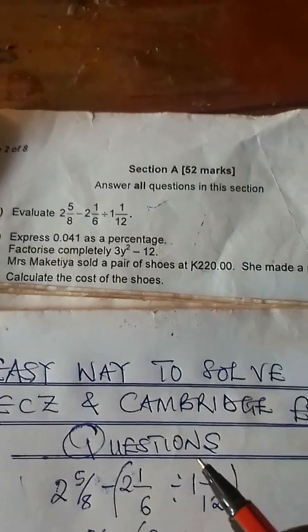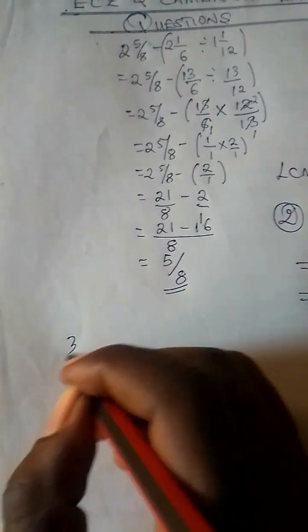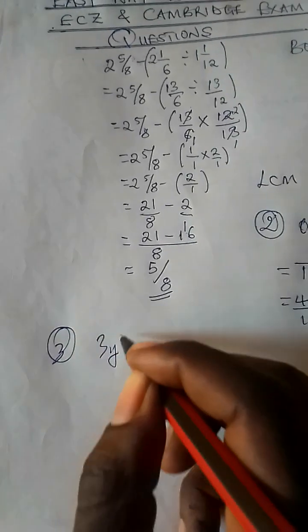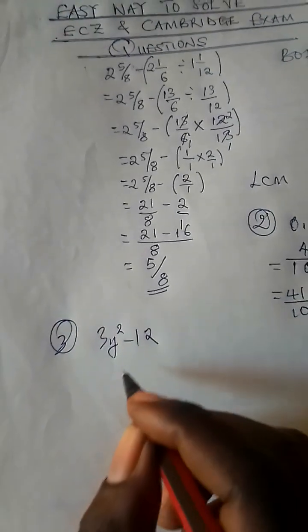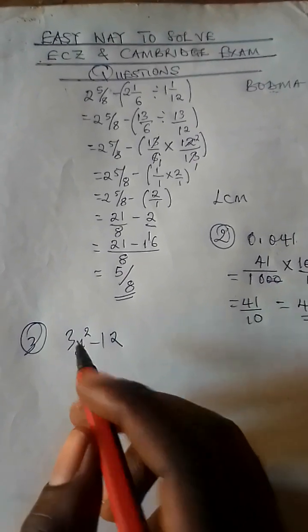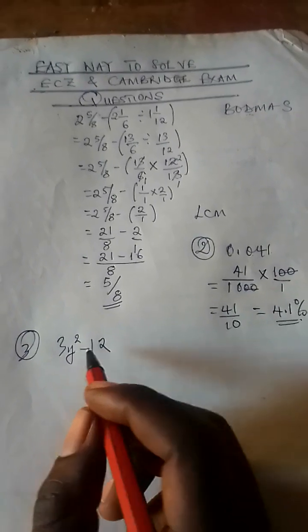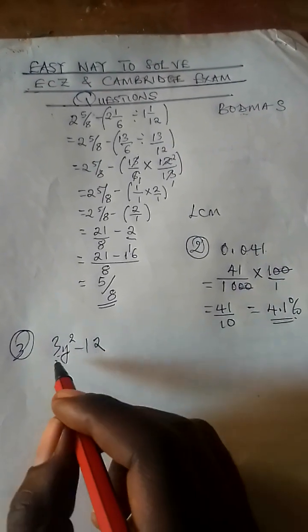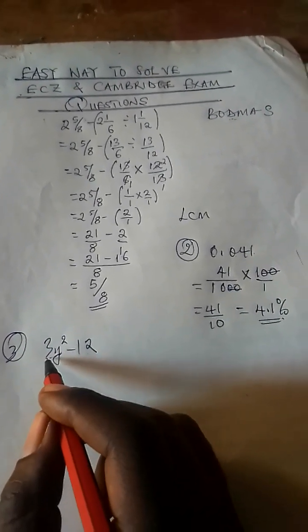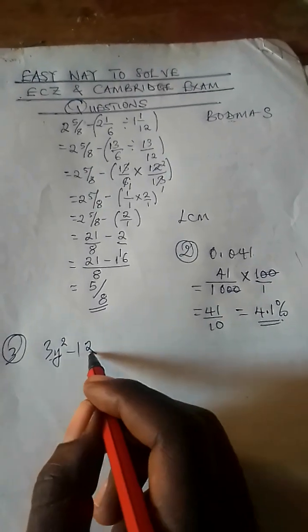And the next question is factorize completely 3y squared minus 12. So we are factorizing completely 3y squared minus 12. So here, factorization is all about looking for the largest possible number that can divide into the given terms without leaving a remainder. So here we have two terms, this one and this one. Which number or letter or variable can go into this one and this one without leaving a remainder?